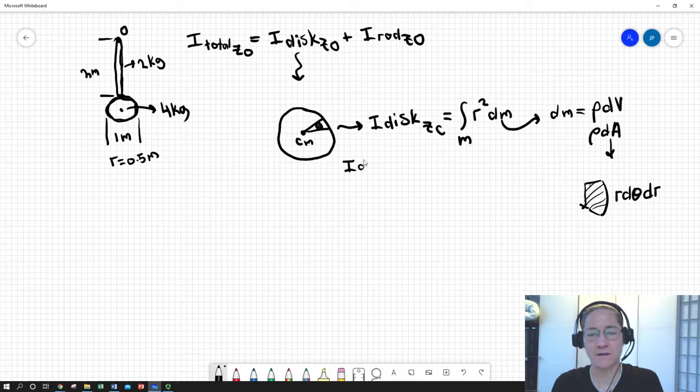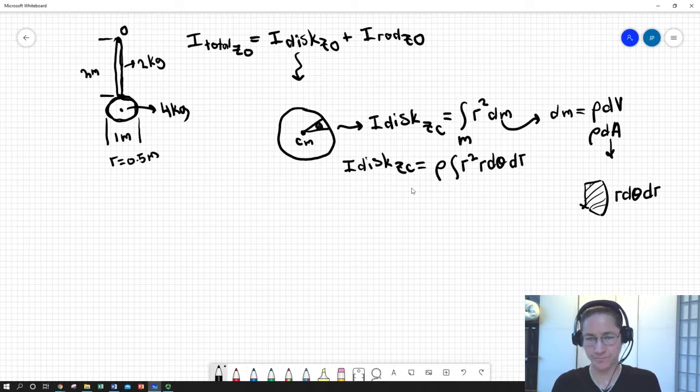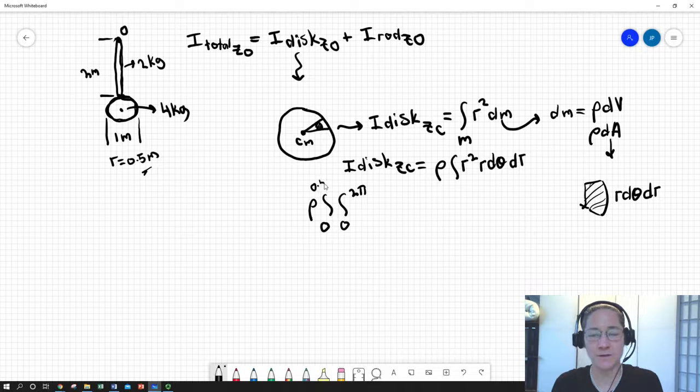I disk zc, at its center of mass, is rho times the integral of r squared dA, which is r d theta dr. So we end up integrating from 0 to 2 pi, and then integrating from 0 to our radius, which in this case is 0.5 meters.